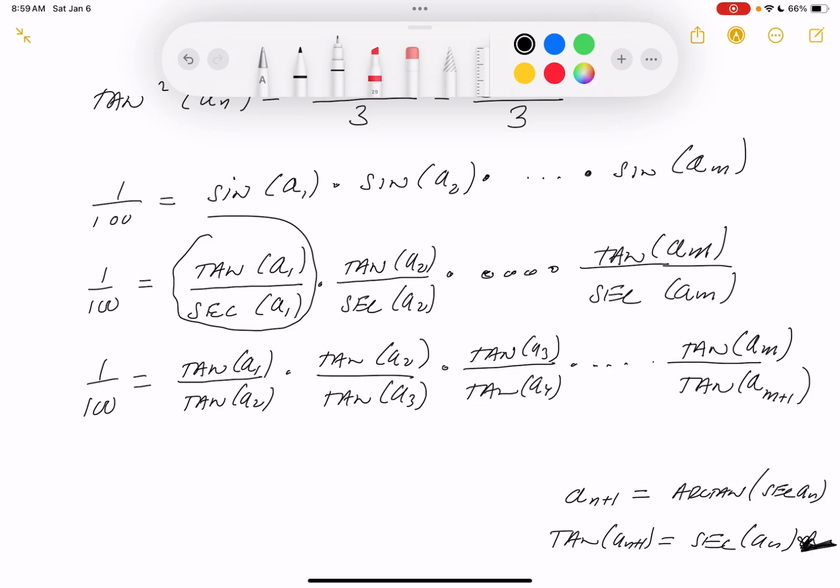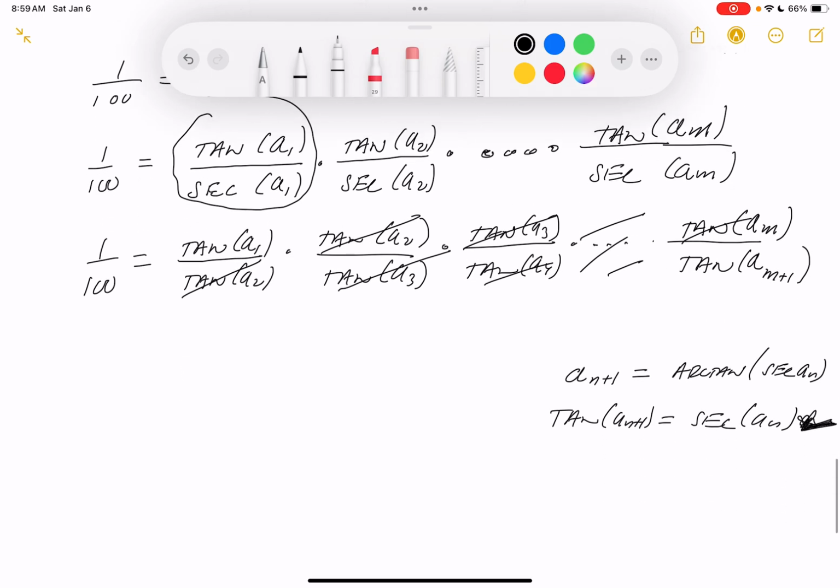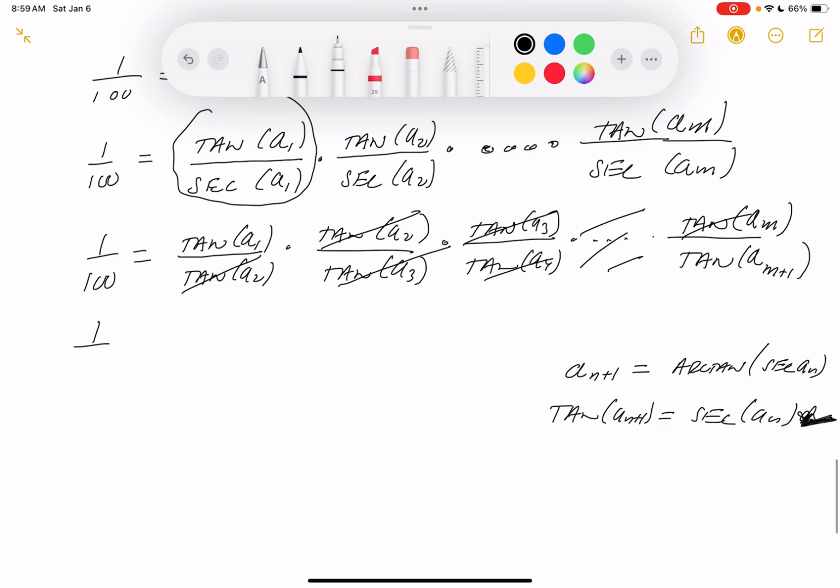Now, what I know about this over here, that there are a lot of cancellations. This cancels, this cancels, this cancels. And by the way, there'd be something here canceling this, and everything else in between cancels off. So I get this over here. 1/100th is equal to, and I gotta be careful now, the tan of A1 over the tangent of A_m plus 1.